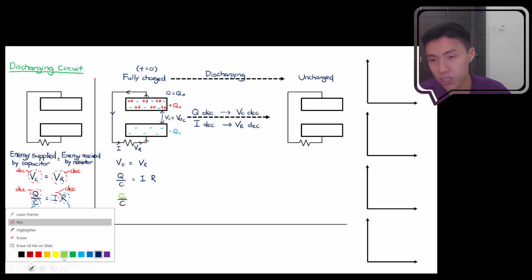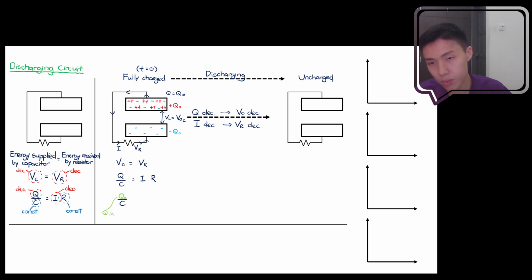So Q is maximum tells you that your VC over here should be a maximum. And because VC is maximum, you know that VR is the same as VC. So you can know that VR should also be maximum.